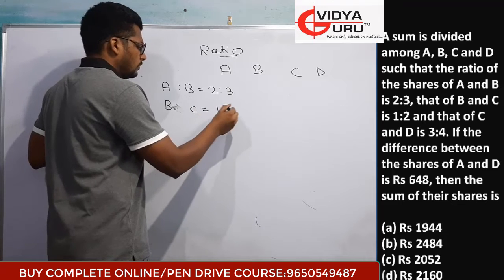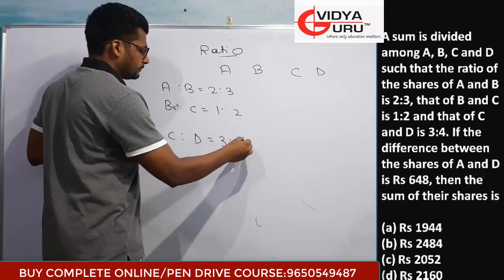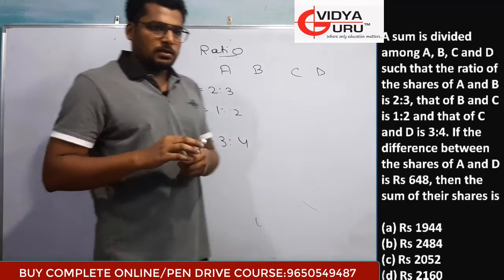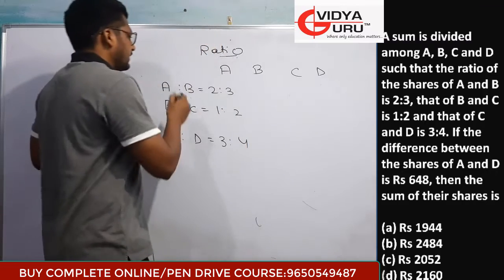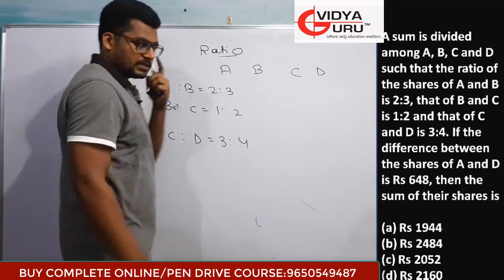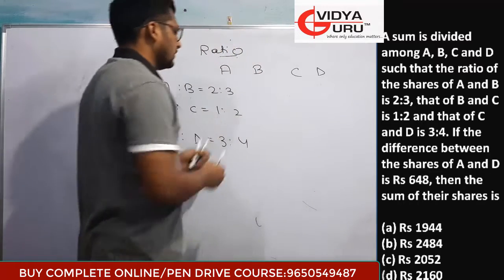If the difference between the shares of A and D is 648, then what is the sum of their shares? The question is asking about the total sum.